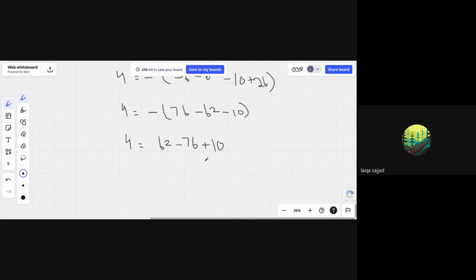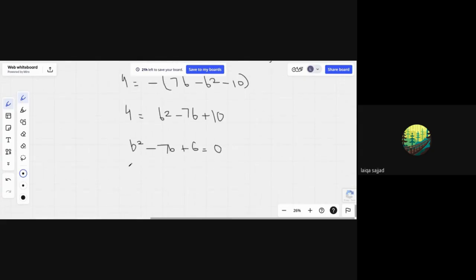You can convert it into the standard form of a quadratic equation: move 4 to the other side, so it becomes b squared minus 7b plus 6 equals 0. Now we can factorize it.